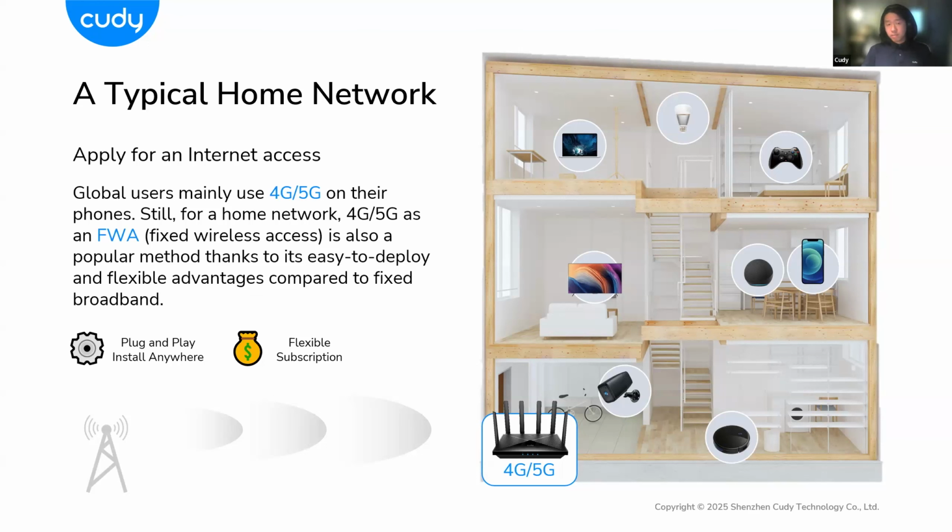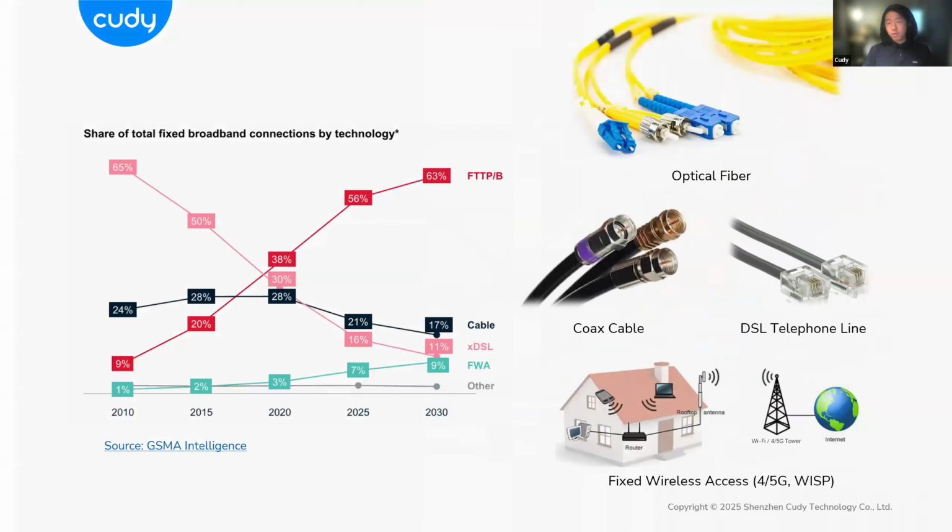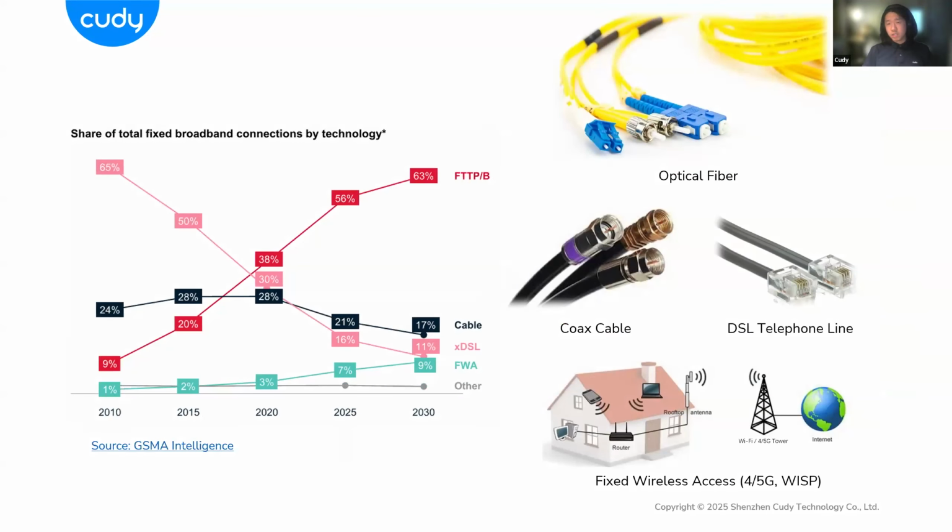Thanks to its flexibility and pay-as-you-use advantage, it is also getting increasingly popular. If you're not familiar with these different kinds of internet access, you may check out the cables. How does this cable look in your home?